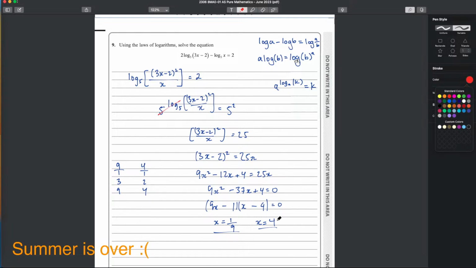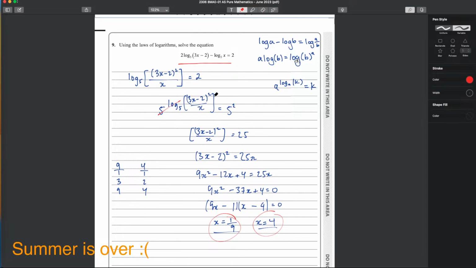So what we need to do at the end of this problem is make sure we check these solutions with the original equation, which is something I made a video on, not that recently, but I did. You need to make sure that the final solutions fit with the original equation.